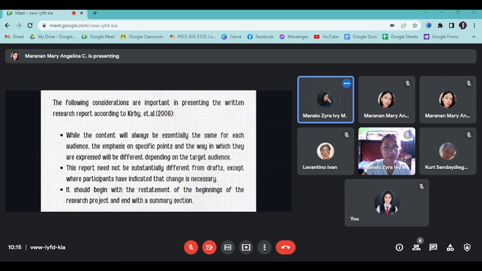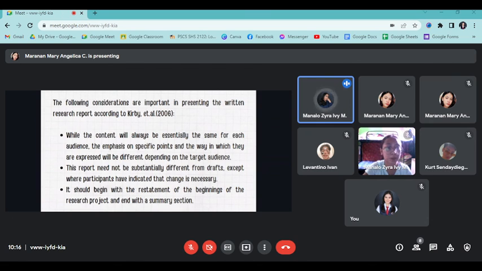So, kapag nagre-report ka ng research report mo, it should always depend on the target audience. So, kunyari, ang target audience mo is businessman. So, yung way mo ng pagre-report dapat in a way na makaka-relate and maiintindihan nila.